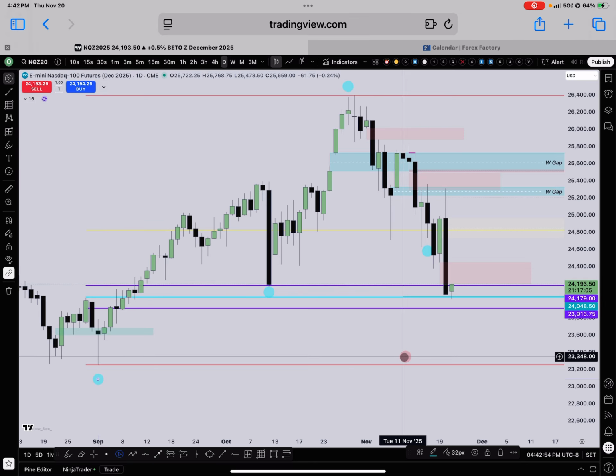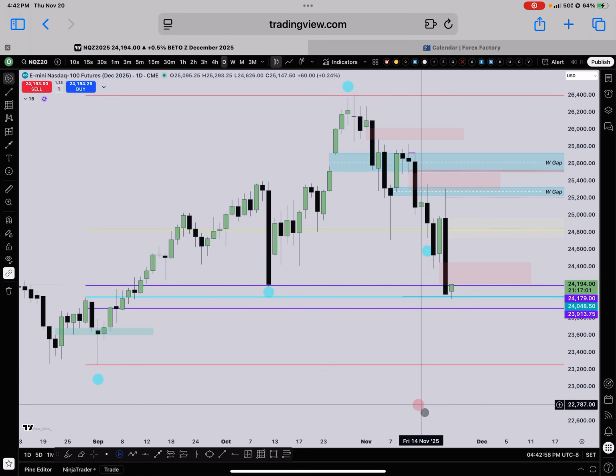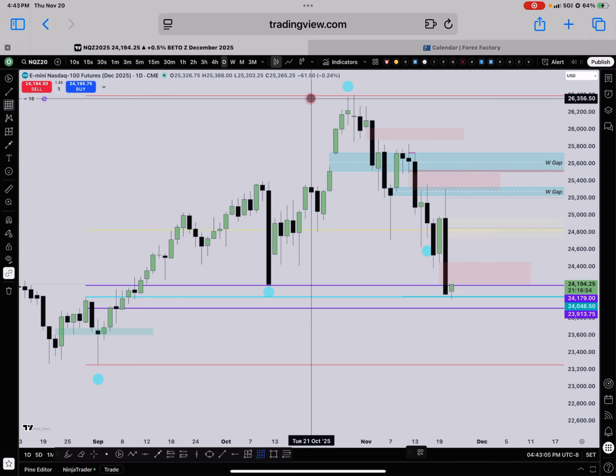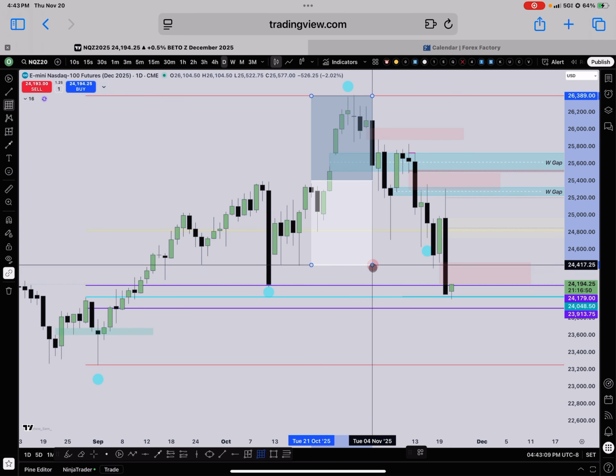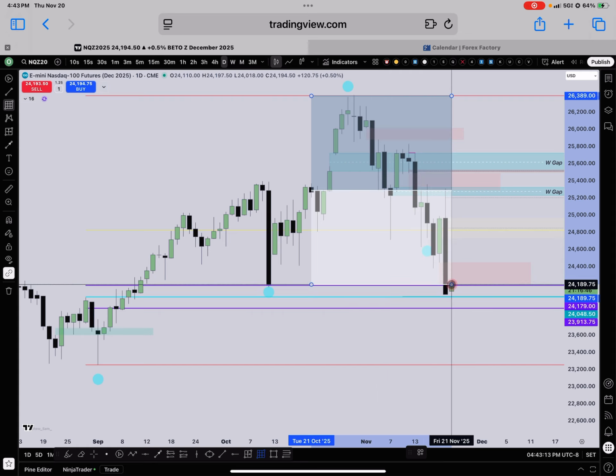I did mention that we were going to see a reversal based on this. Hold on, let me just do the drawing here. From the swing high to this swing low here, we were in discount.